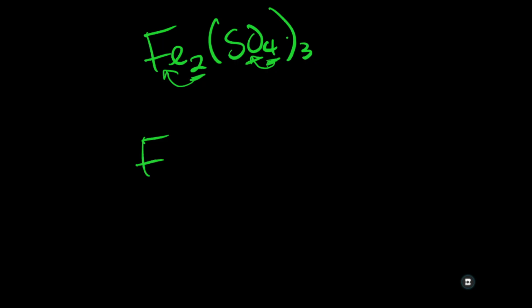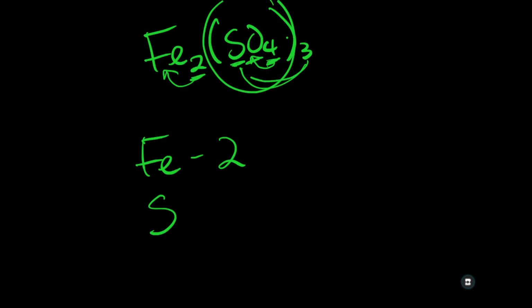So right here I have Fe2, S. There's one S. There's no other number behind S, but remember there's a parentheses right here, and there's 3. So 3 times 1 S is 3 S, and 3 times O4 is O12. Okay?